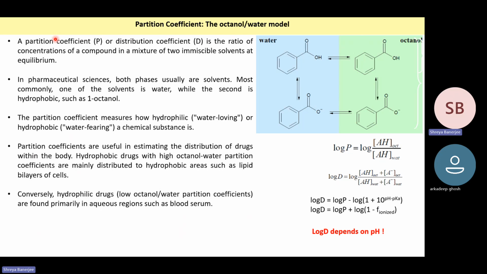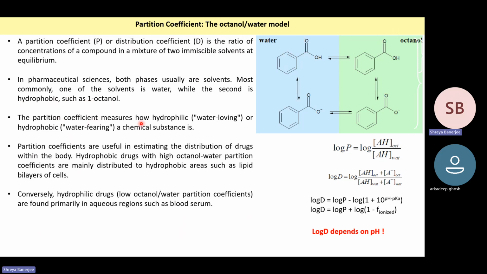Now we'll talk about the partition coefficient or distribution coefficient D, which is the ratio of concentration of a compound in a mixture of two immiscible solvents in equilibrium. In pharmaceutical sciences, usually of these two solvents, one is water and the second is something hydrophobic like 1-octanol.